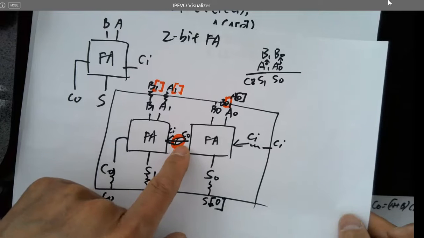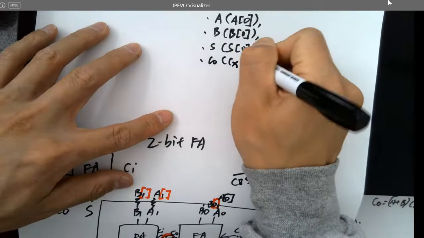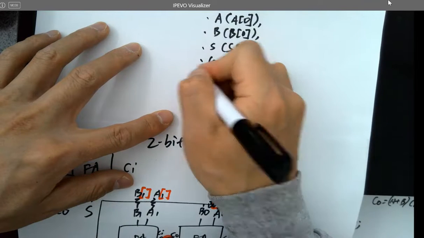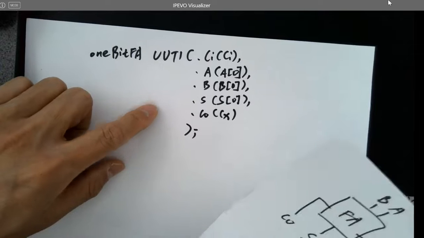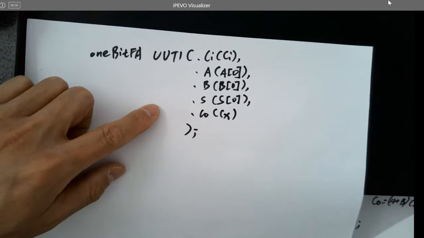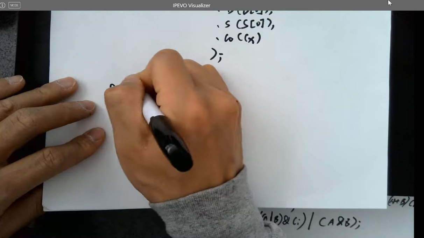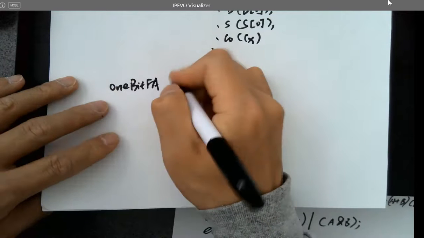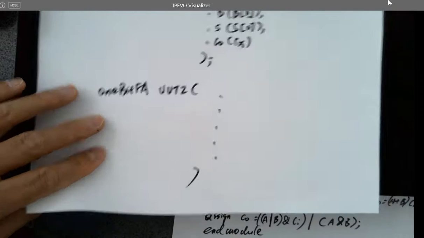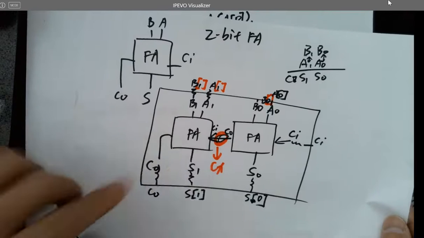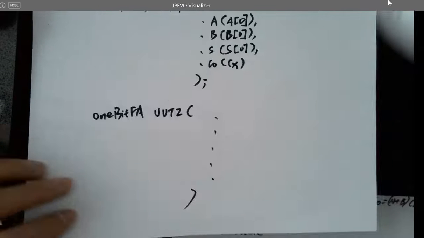Yeah, CO is being shorted to CX. And done for the first instantiation. Then instantiate another one, UUT2, just make the connections very similar to this one. And then write a for loop.